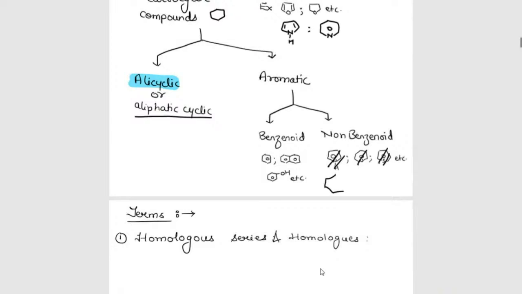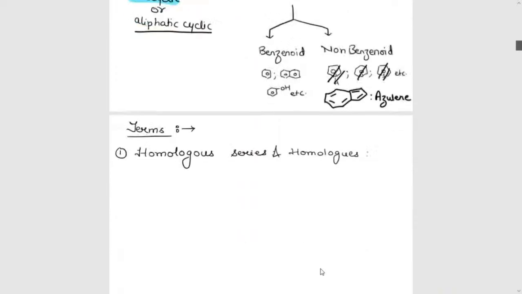We have one example, if you all remember, I can draw. That is azulene. Azulene is an example of homocyclic and non-benzenoid aromatic systems. So this is a general classification of organic compounds based on the structure.